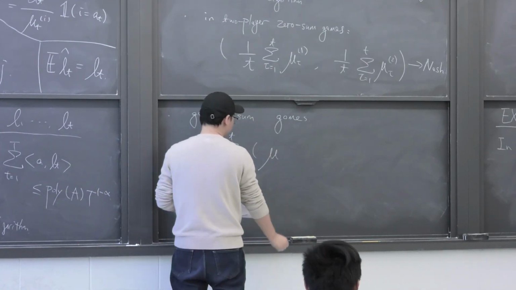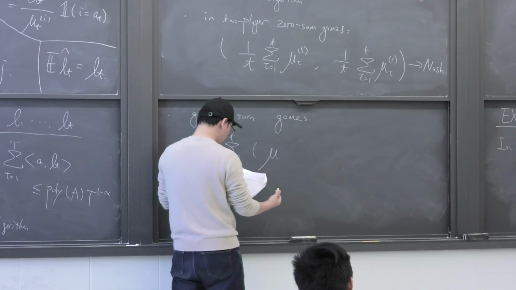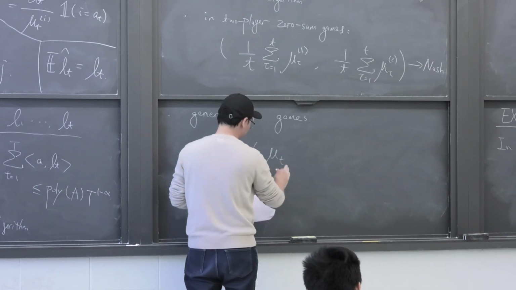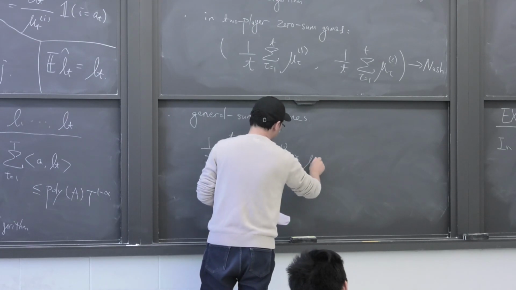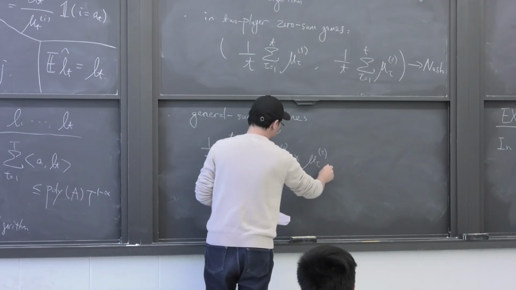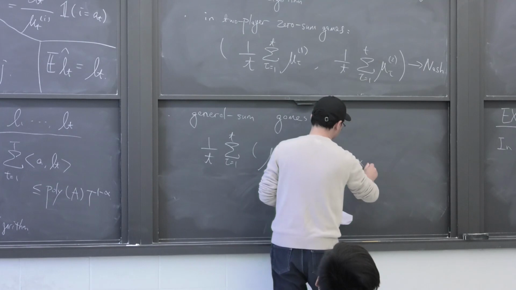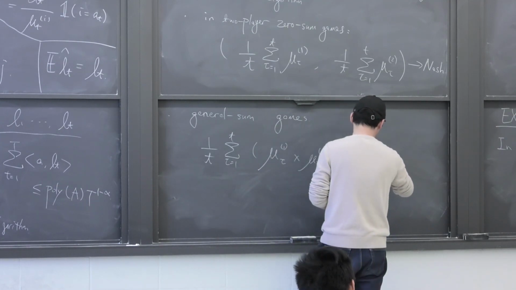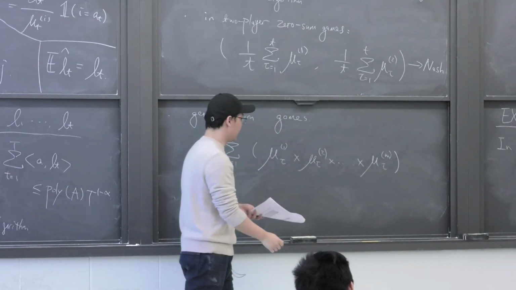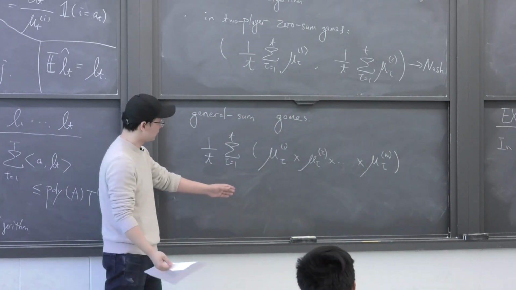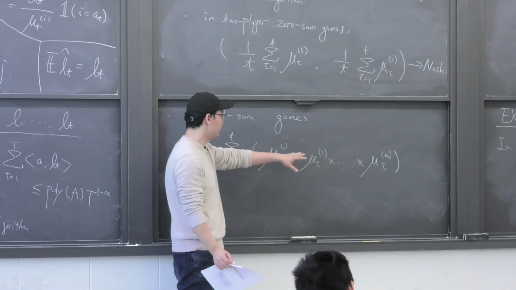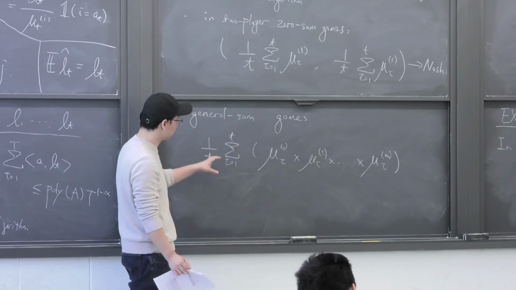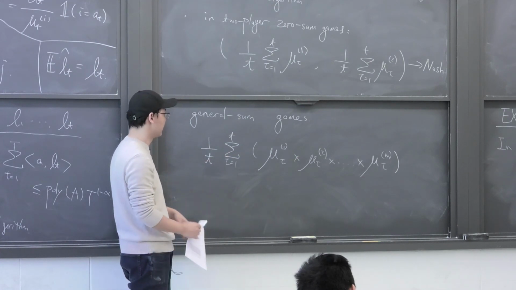That is, at every step, each player's policy is independent, so mu tau 1 cross mu tau 2. So at every iteration, each player's policy is independent. But we take the Cartesian product of them as a product policy, and then we average over such policies.